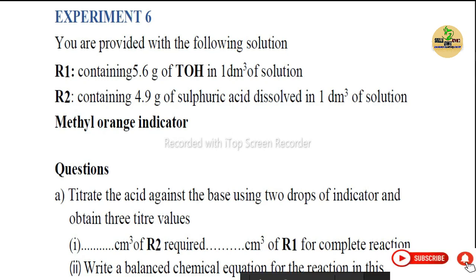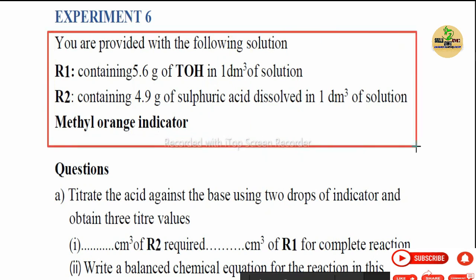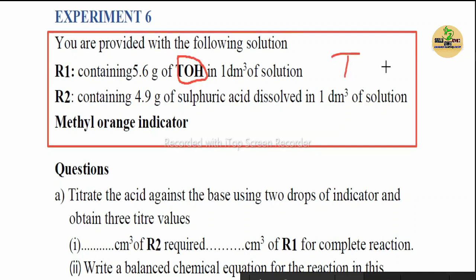Looking at this question, what are we going to find? We are going to find the value of T in T hydroxide, TOH, as a compound.